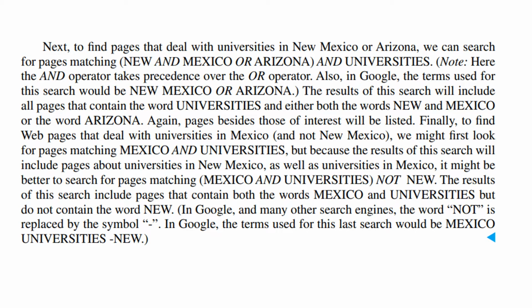The results will include pages that have both the words Mexico and universities but do not contain new. And not is the way you sometimes get replaced. You don't type it. Sometimes you just use the word minus. In Google, the terms used for this last search would be Mexico universities and minus new.